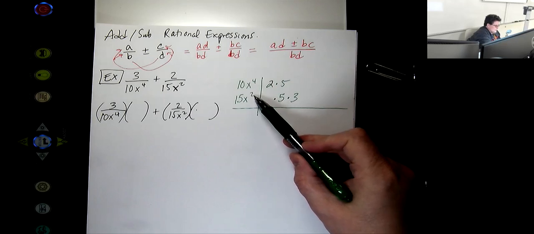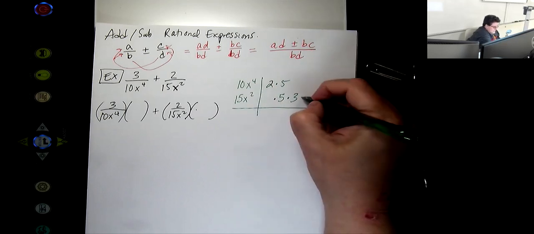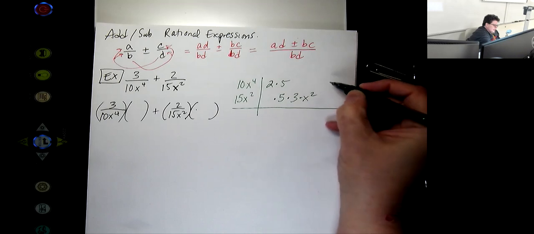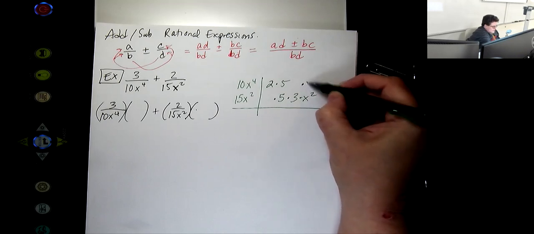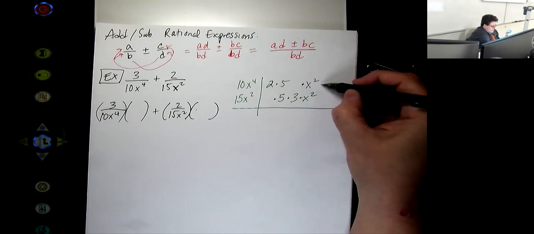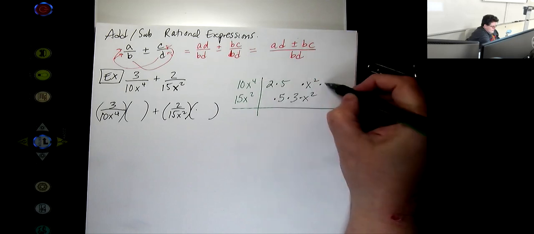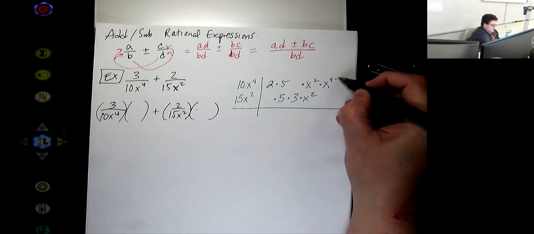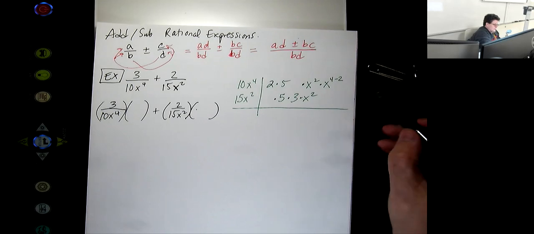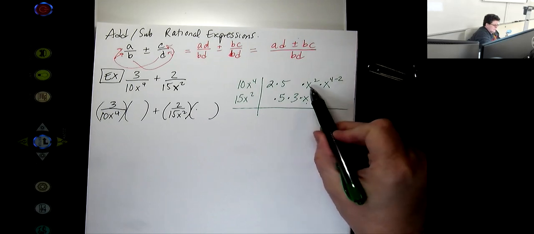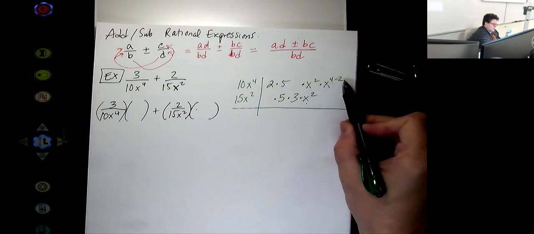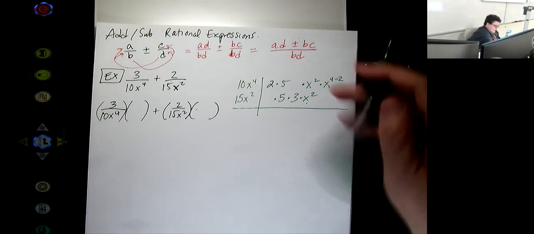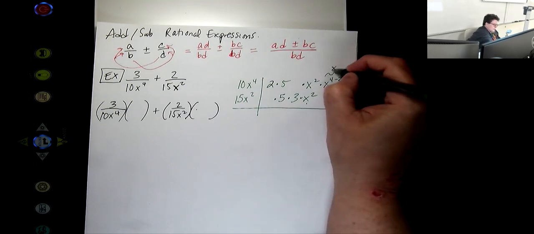X squared is the smallest, so I'm going to write this as times x squared. This will have an x squared also. And then whatever's left over is I subtract 4 minus whatever I just pulled out. So this had an x squared, I'm going to have x squared, and then I'm going to do x to the 4 minus 2, which happens to be x squared as well, but I wanted to show where I was getting it from.